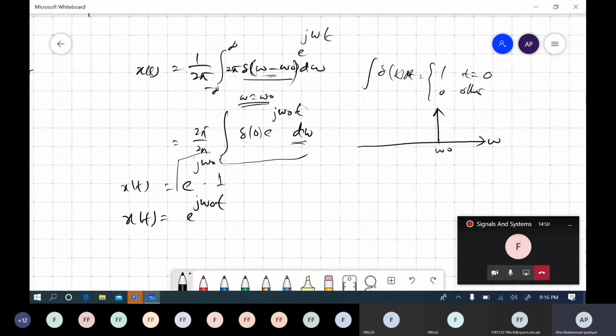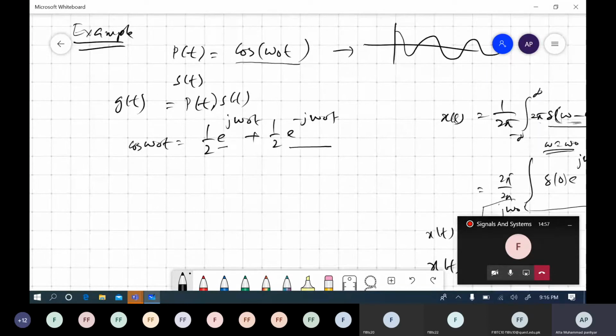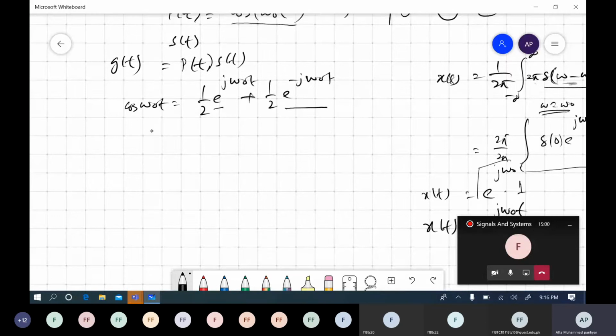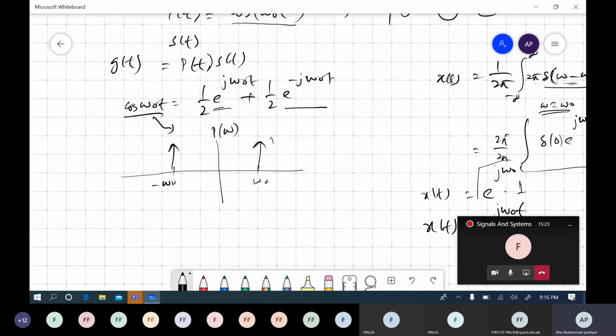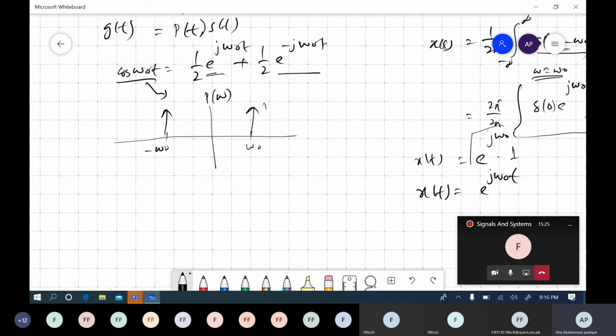So using this property, we can say that these two signals in the frequency domain can be drawn as at omega naught the value of cosine is 1, and at minus omega naught the value of cosine is 1, right? We can write it as p of omega. This is the Fourier transform of cos omega naught t. We got only two impulses.